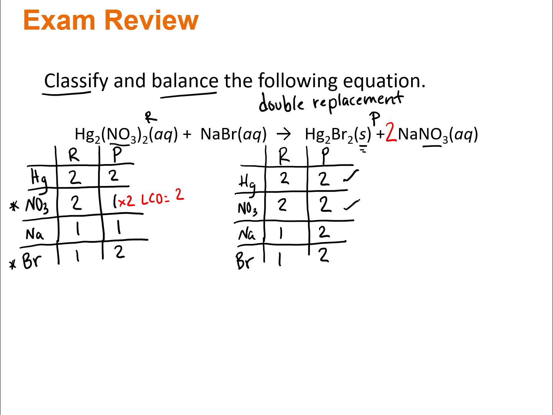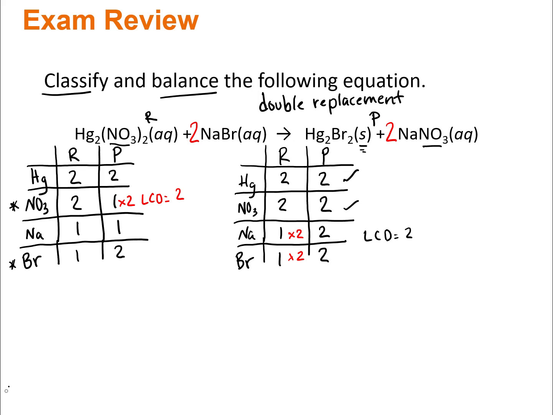But now we have an imbalance in the sodium, and we still haven't fixed the bromine. They're in the same complex, or compound, on the reactant side. So whatever we do to one, we're going to do to the other. The lowest common denominator is 2. So we're going to put a 2 in front of the sodium bromide.